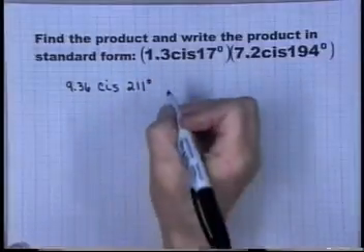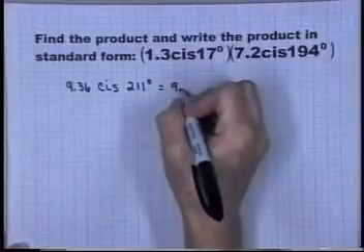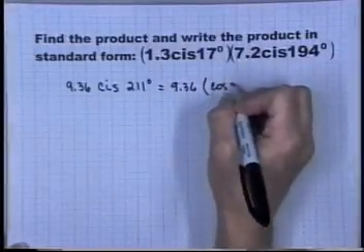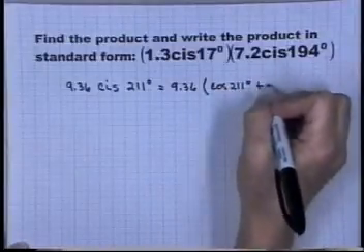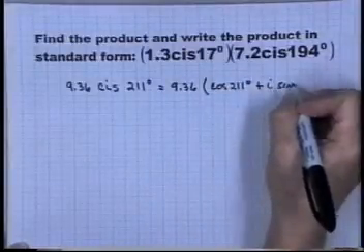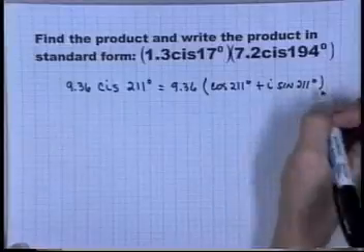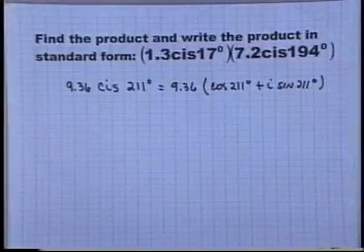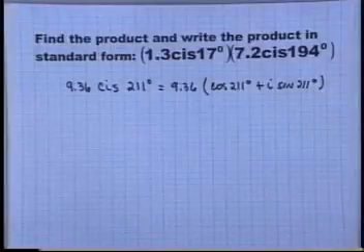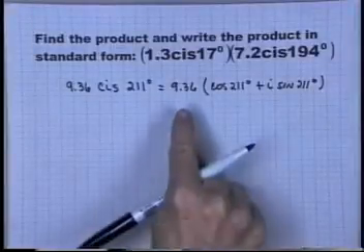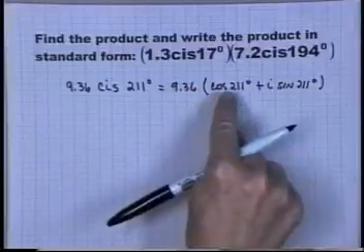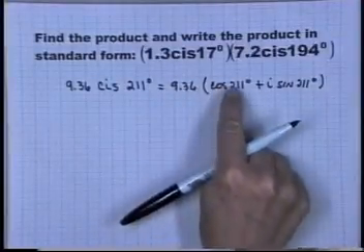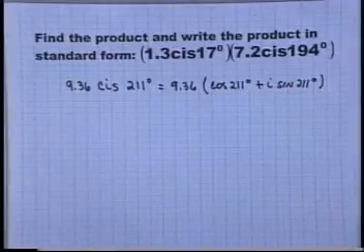Okay, now again, recall this means I have 9.36 times the cosine of 211 degrees plus I times the sine of 211 degrees. Since 211 degrees is not one of my special angles, I'm going to use my calculator to get those approximate values. So I will be distributing this 9.36 as I do this. I'm going to do 9.36 times the cosine of 211.